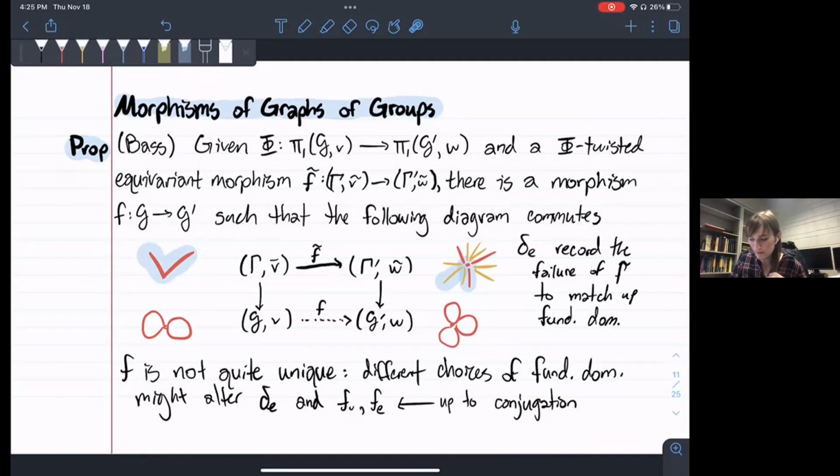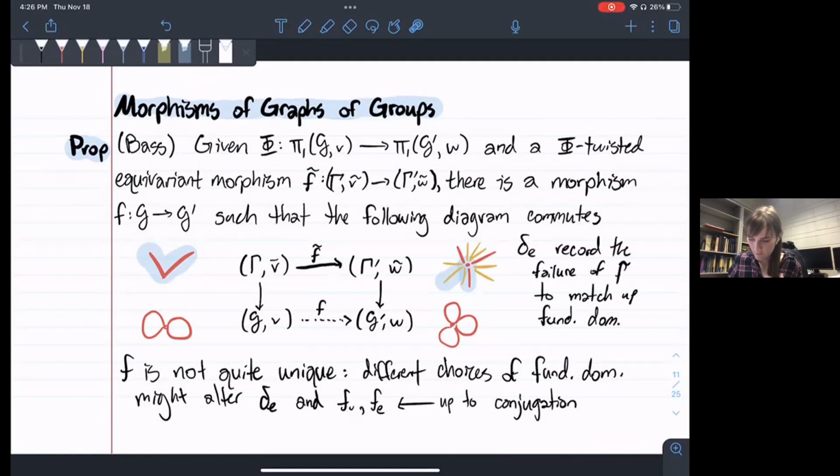And so that also tells us that the morphisms are also not quite unique. You can kind of alter the twisting elements delta sub E and also the vertex group and edge group homomorphisms up to conjugation. So they're sort of well defined up to conjugation. And it's not hard to write down the exact things that take one to the other, say. Okay, great.